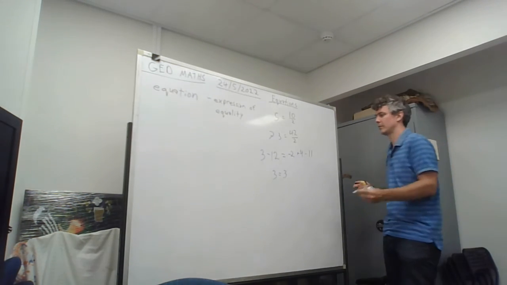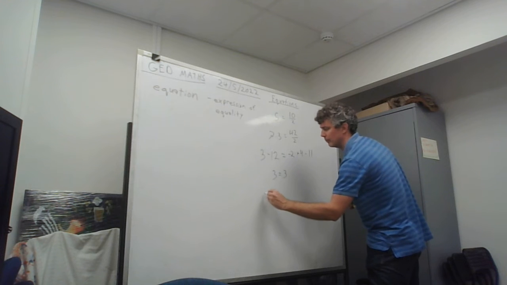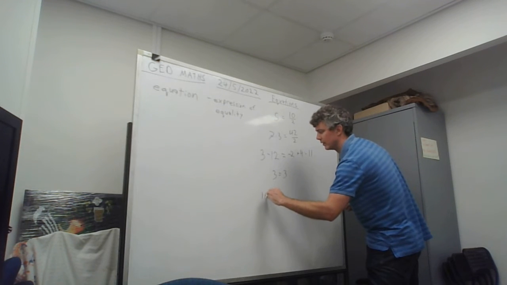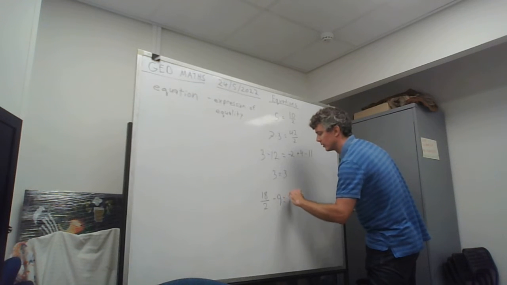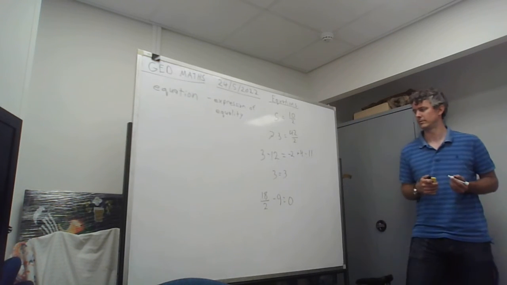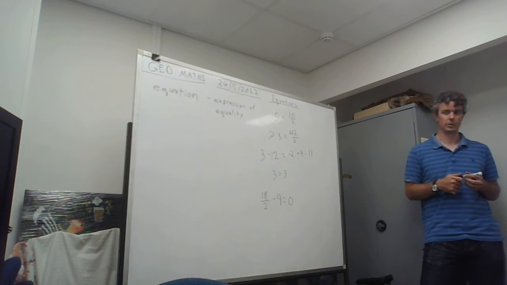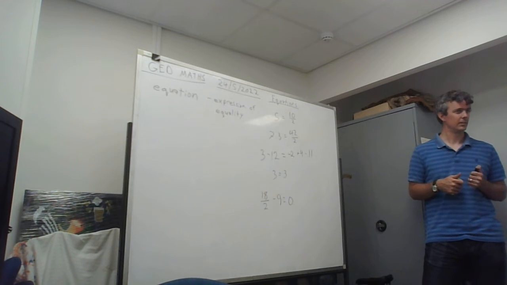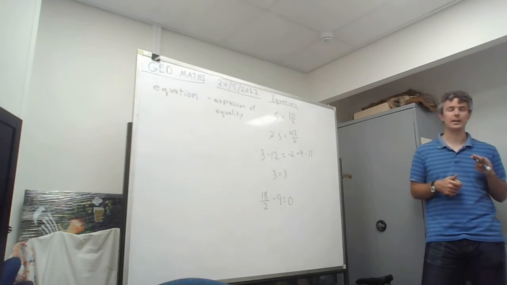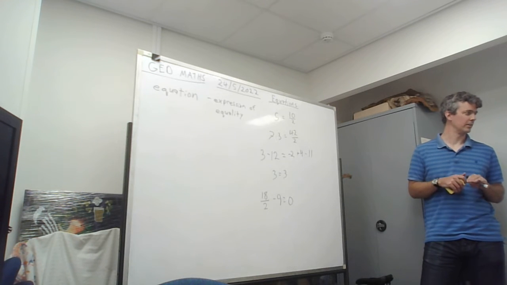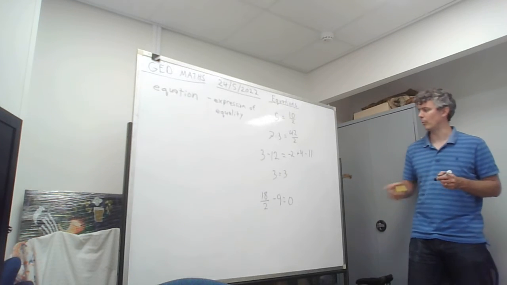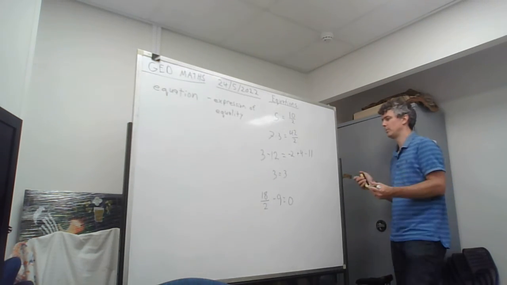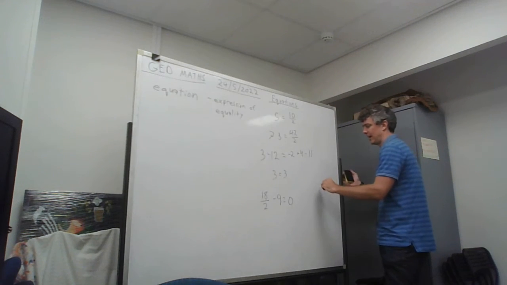Okay? Now, in algebra, most of the time an equation takes the form of something equals 0. Okay? So 18 divided by 2 minus 9 equals 0. Do you agree? Yes. Equals 0. Okay, so now, what if instead we put here that 9 equals x?